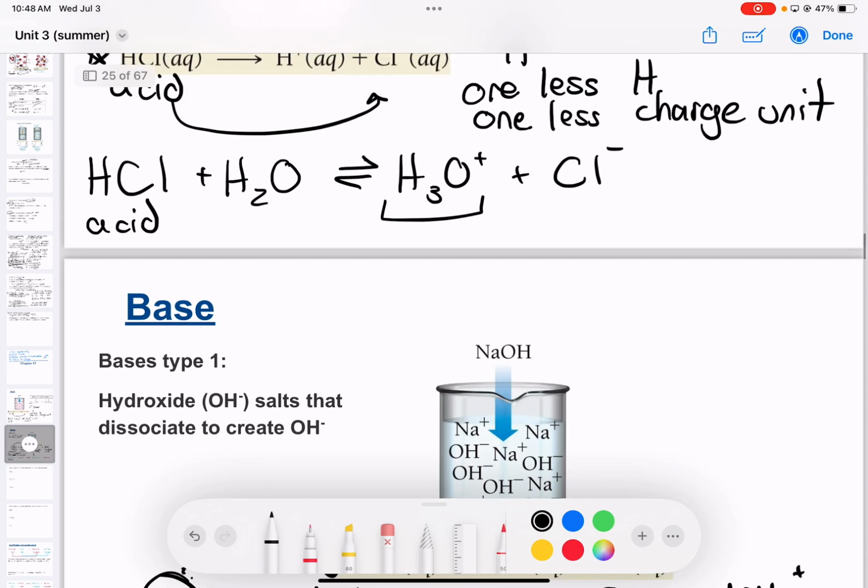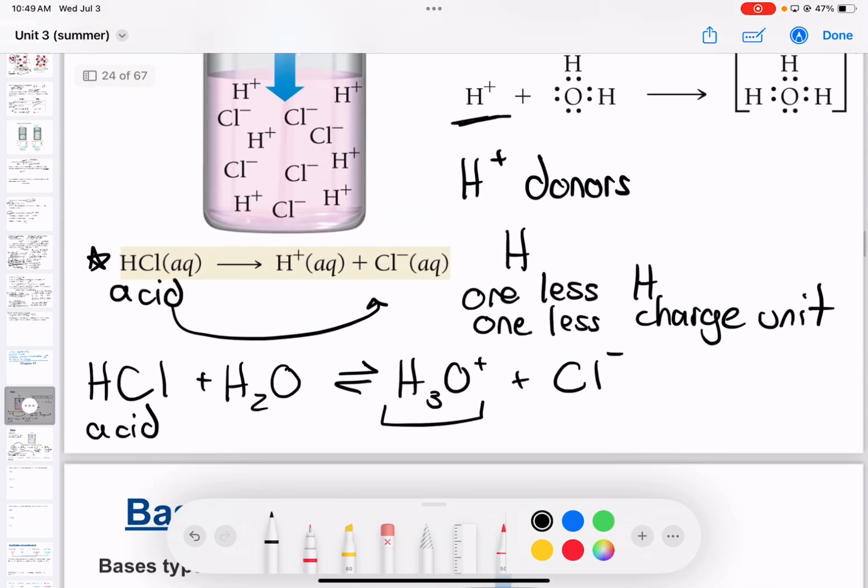So if we go back up to the HCl, remember HCl was an acid, so this hydrogen is actually given to the water. And that's why it turns into H3O+. So the water in this instance is acting as the base. It's the thing accepting the H+.